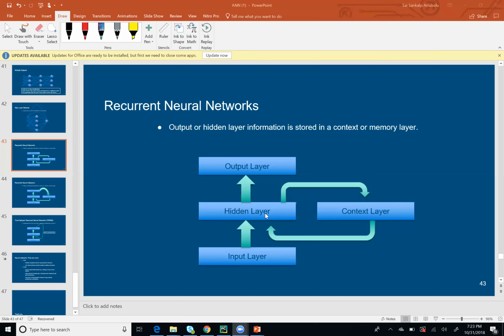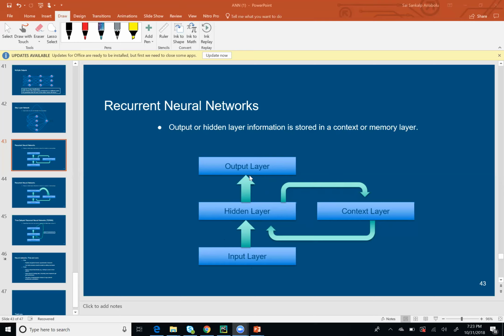In a recurrent neural network, the input layer goes in, and the output of the hidden layer is again passed into the hidden layer. This is called a recurrent neural network, meaning the same thing is recurrent. The idea is that some information learned from the past is useful in predicting the next information.